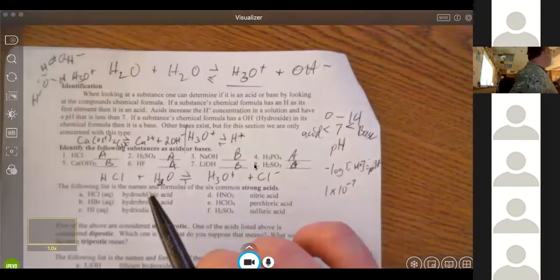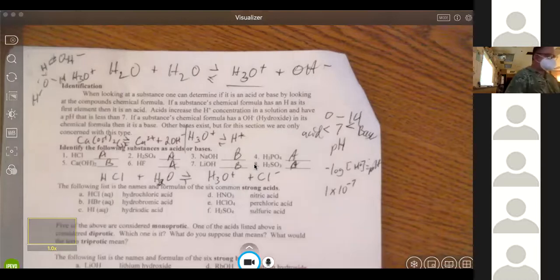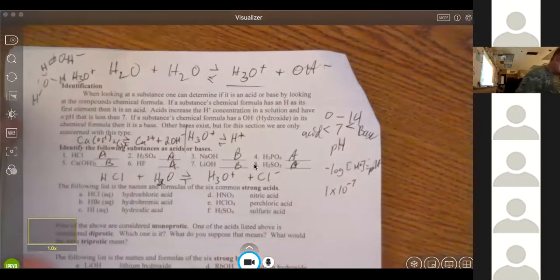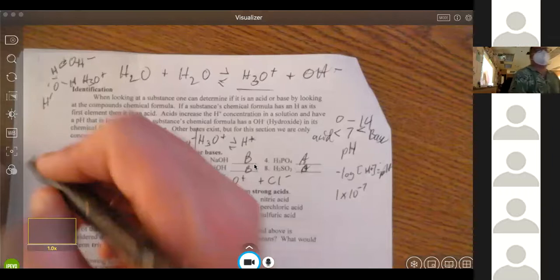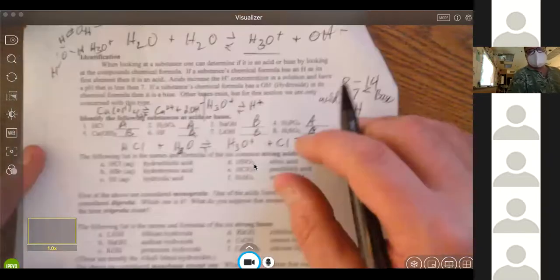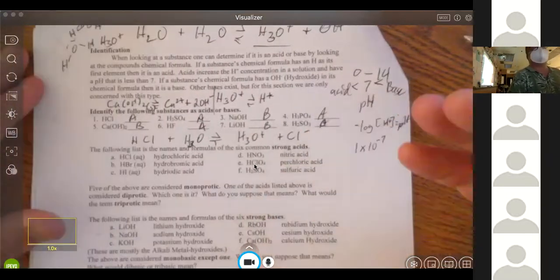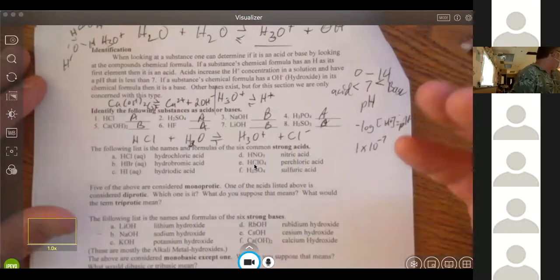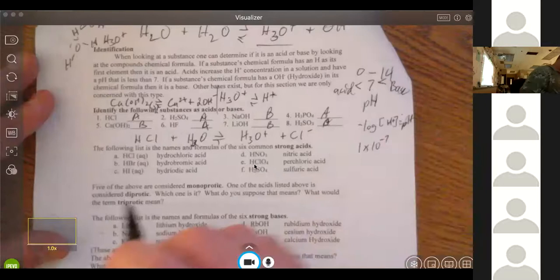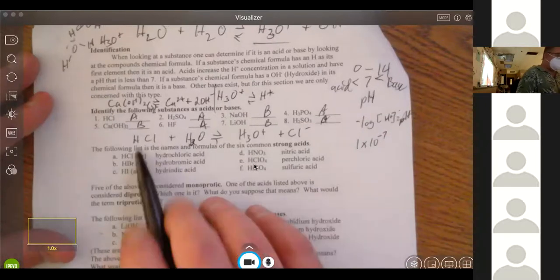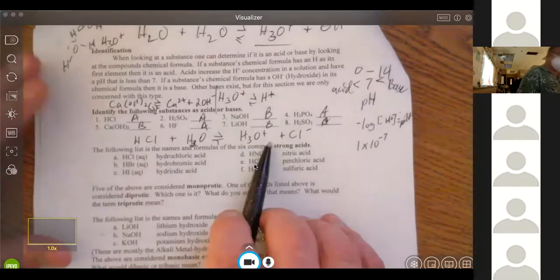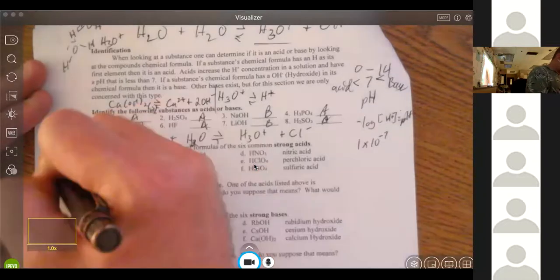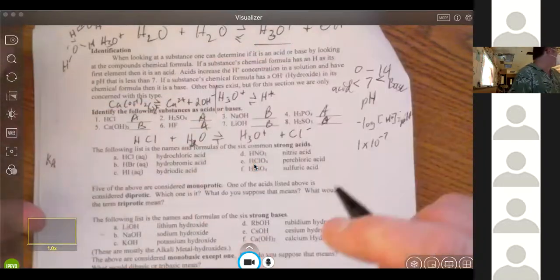Here is the interesting thing. Certain acids are strong acids, and a strong acid does not tell you anything about its pH. The strength of an acid tells you how much it ionizes. If we find the equilibrium constant, acids and bases have interesting equilibrium constants.